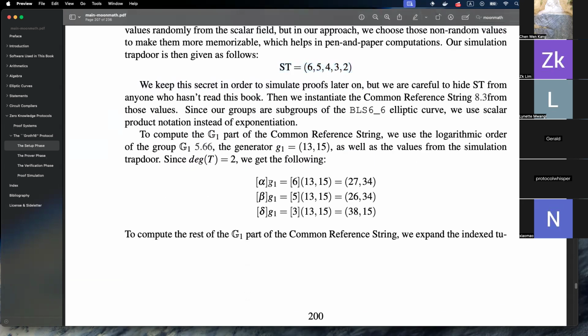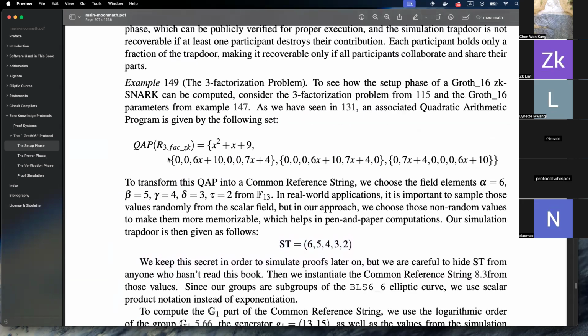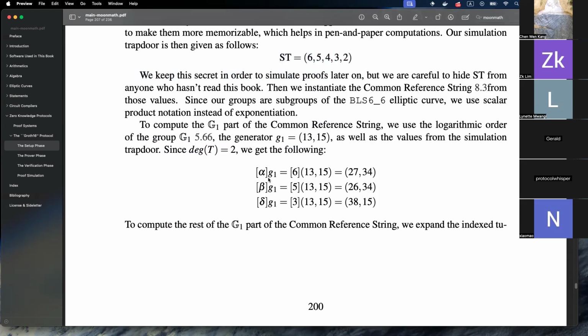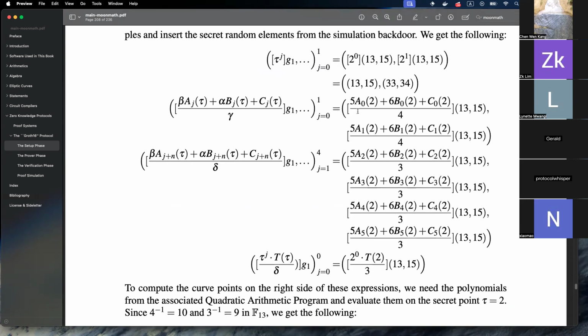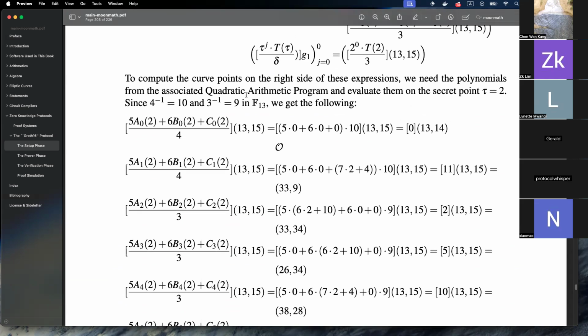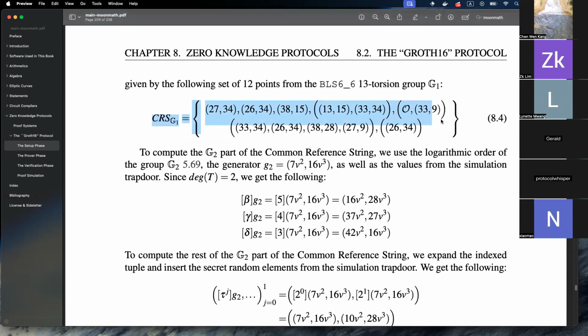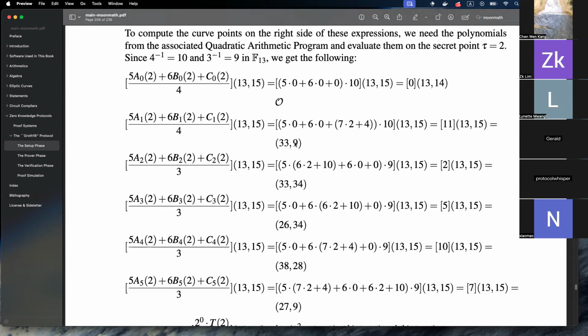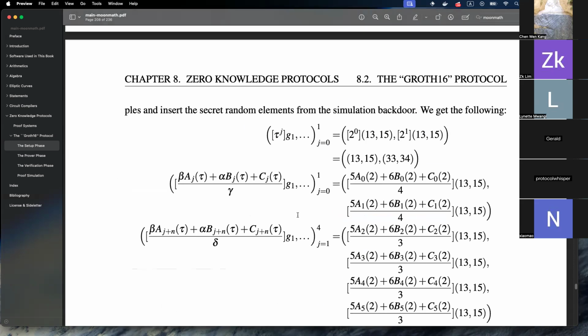So here it's just showing you that given your QAP, after you compute your common reference string, you get the common reference string for the BLS12-381 group based on G1.